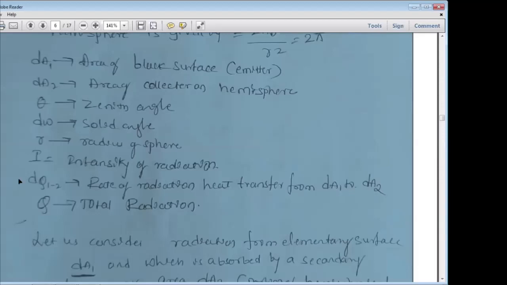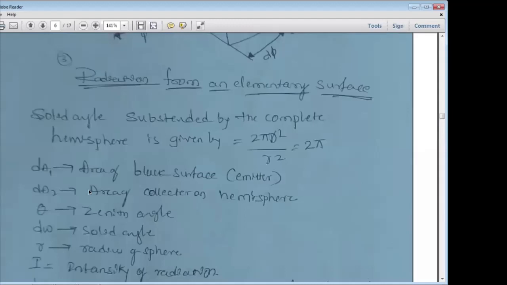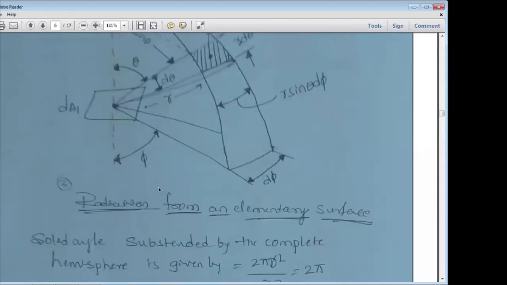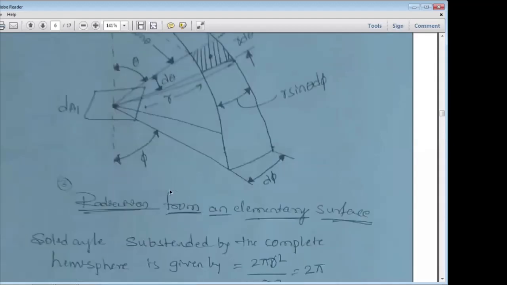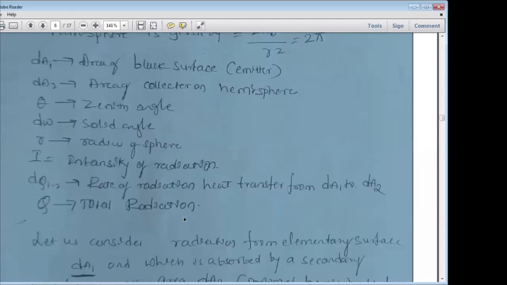But this is just one element we are taking here. We need the entire hemisphere, which is called Q, the total radiation. By integration of dQ12 we can calculate Q.